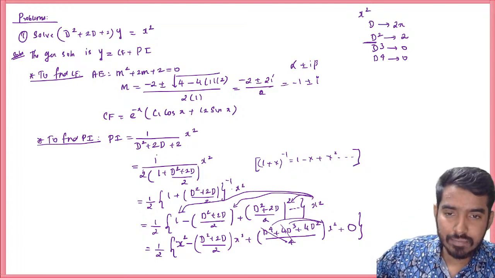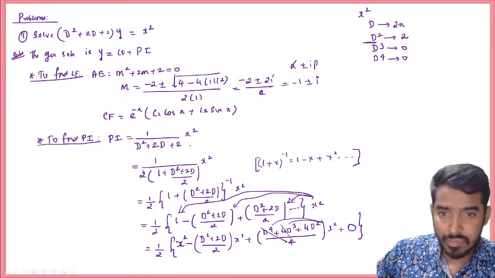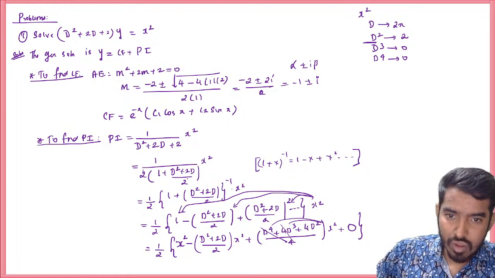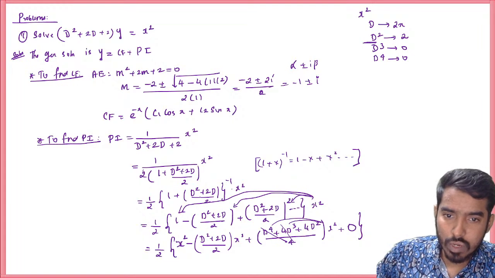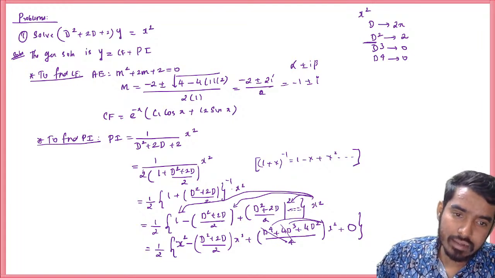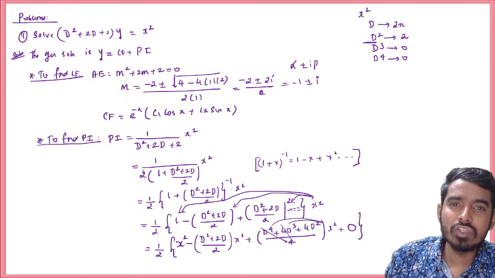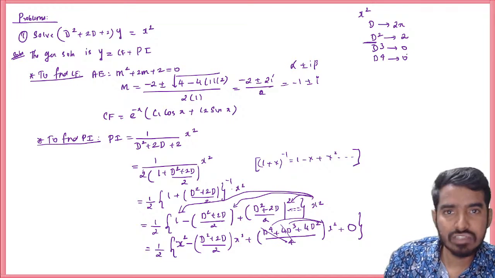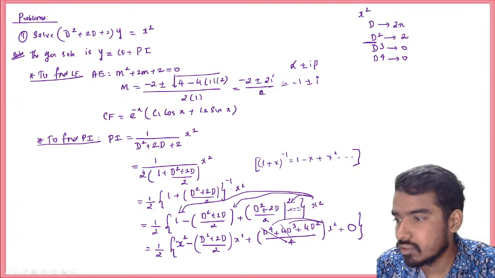You take the least power outside, the least degree term outside. So you consider this as x, (1 plus x) whole power minus 1, 1 minus x plus x square and so on. I'm just putting dot dot dot because every term will be 0 after that, right? Because we have d is 2x, d square will be 2, d cube itself is 0, right? Okay, so is there any doubt up to now?